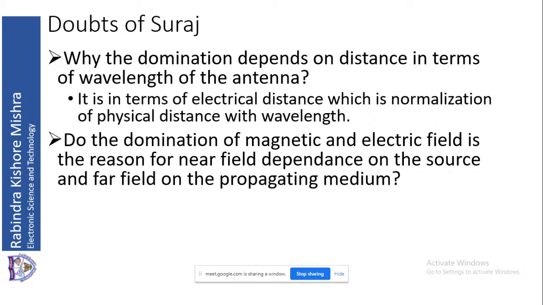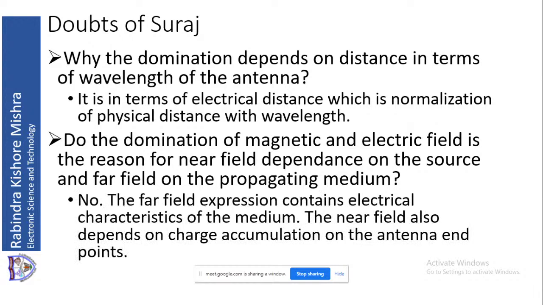So the answer to that part is no for near field. Is the reason for near field dependence on the source and far field on propagation medium? So saying that near field depends only on the source is incorrect.